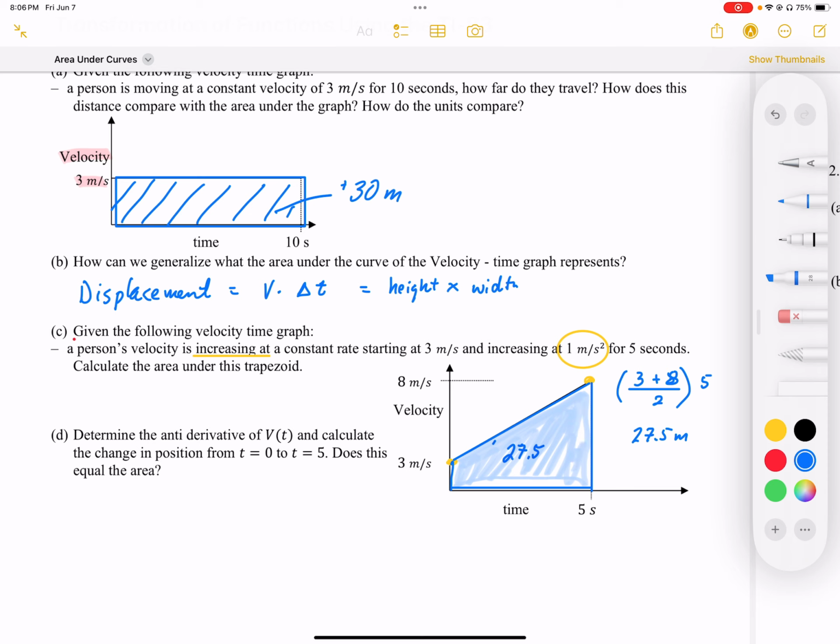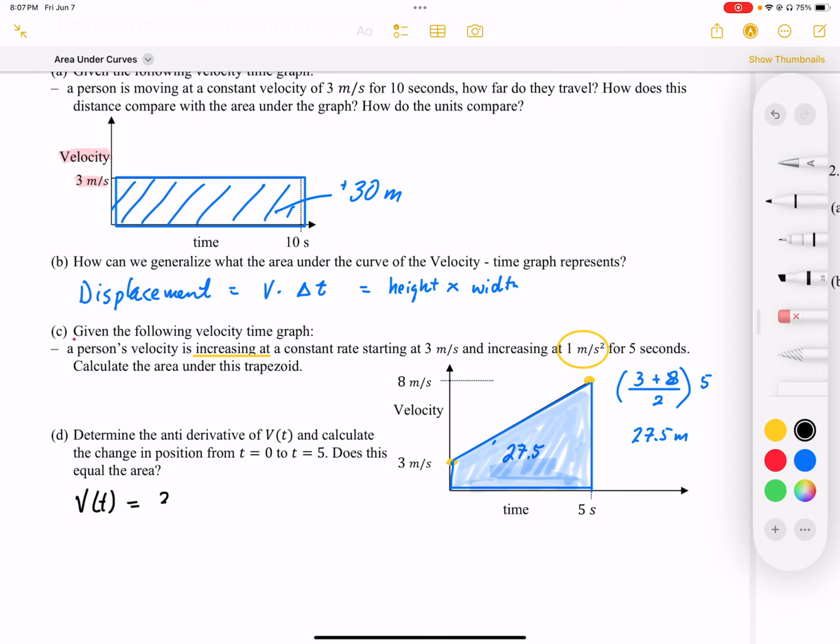Now, we also related it to the antiderivative, or we're claiming that this area is equivalent to the displacement on the antiderivative function. So if we take a look at the v of t function, that's our derivative function.